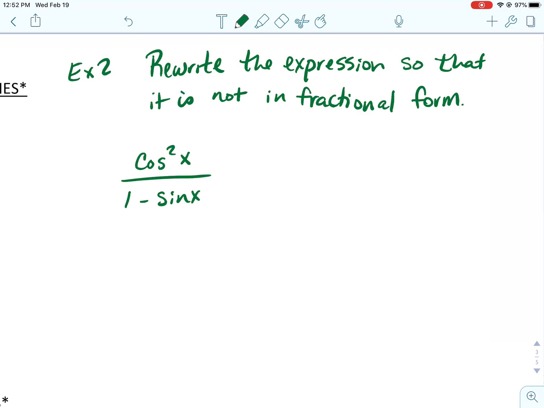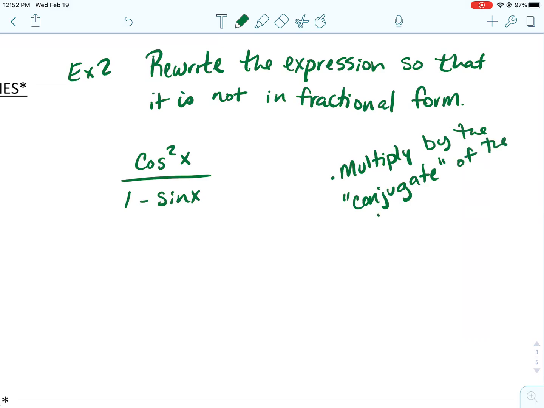So to start this off, what we do is multiply by, I'm going to call it conjugate in quotes, because most of the time when we talk about conjugates, we're talking about complex conjugates with imaginary numbers. So I'll remind you what that means. So we're going to multiply by the conjugate of the denominator. Okay, so conjugates.